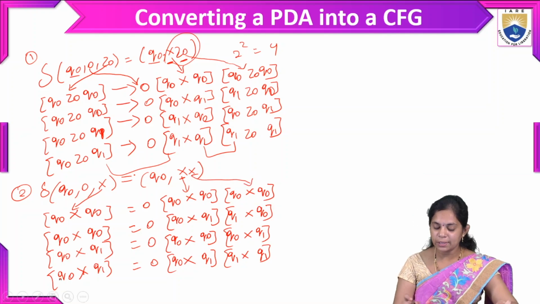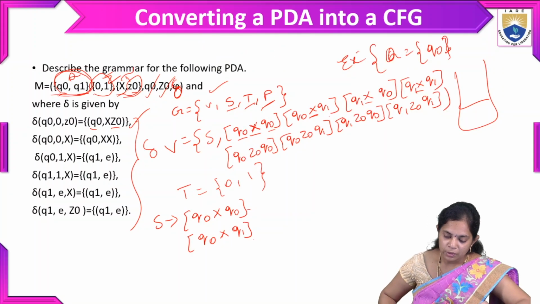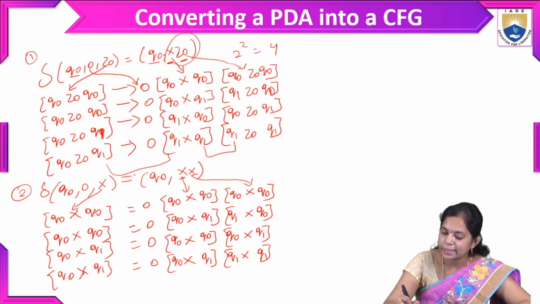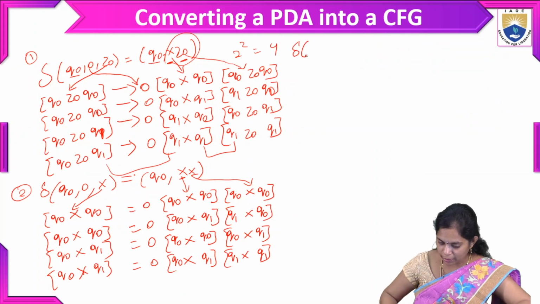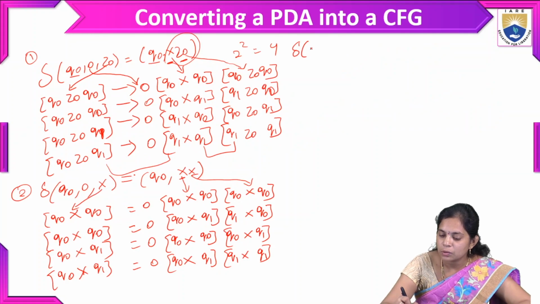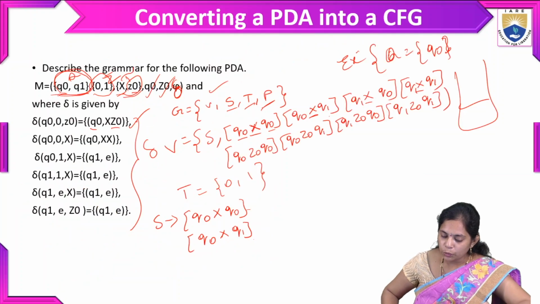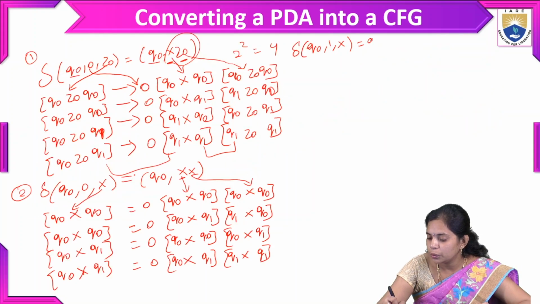And like this, we have to write the production rules also. So 4 production rules. Let me write the transition of Q0, 1 input, X, the top of the stack symbol, goes to Q1, epsilon.